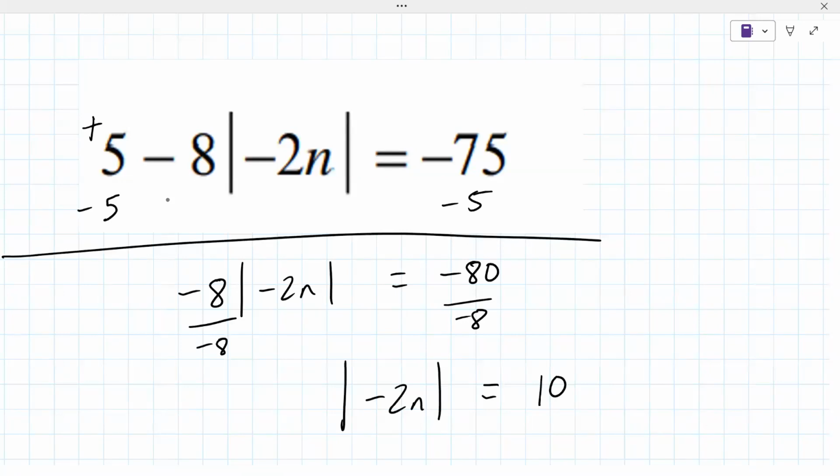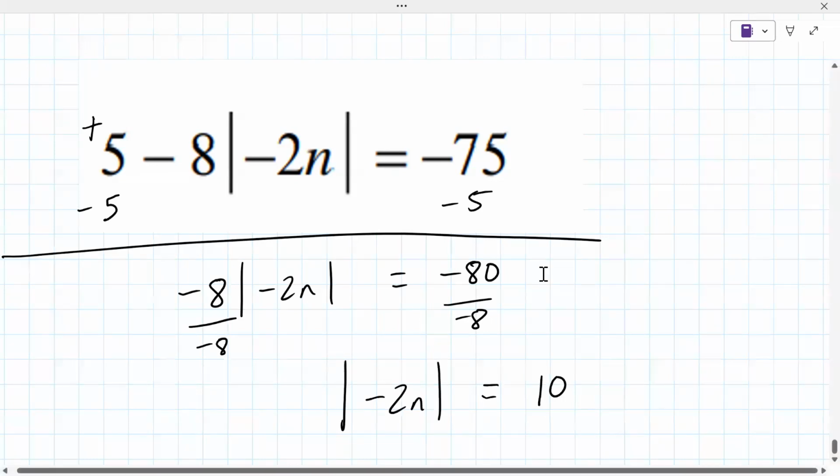So now you can split it up, but you can't split it up until it's just the absolute value. Okay. N equals 5 and n equals -5.